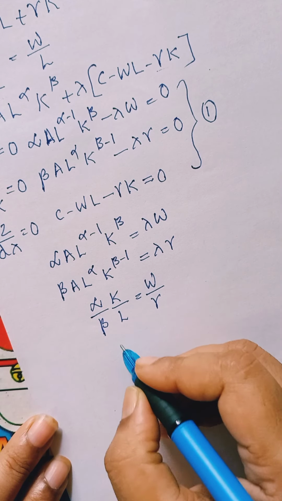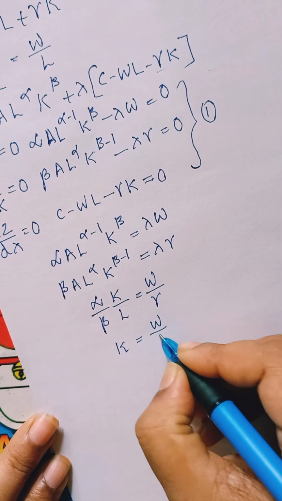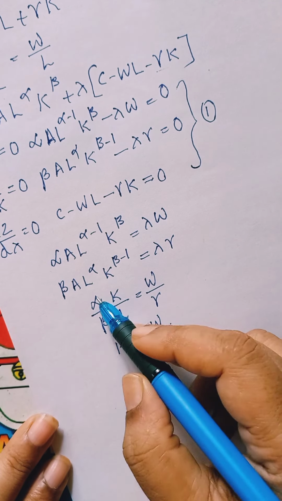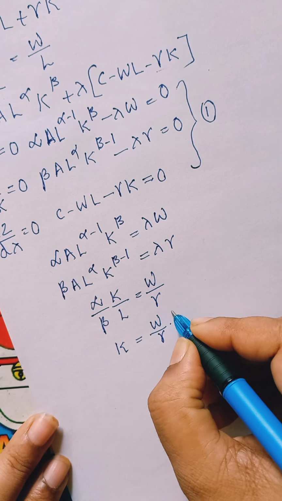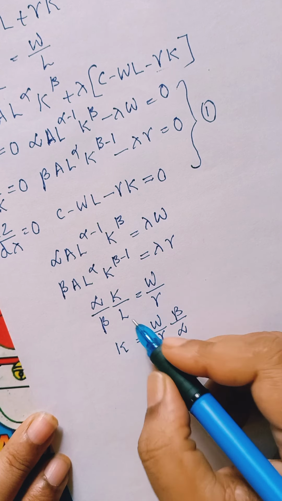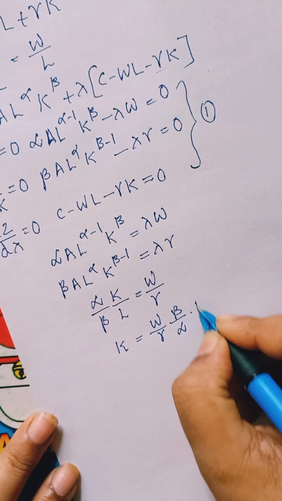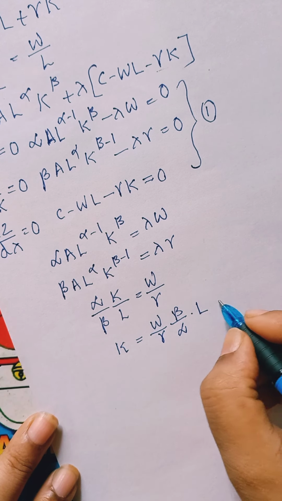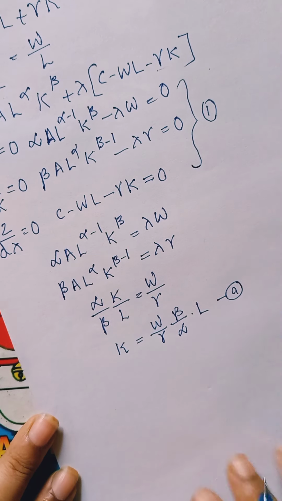Then solve this equation for K, we will get w by r, then this alpha by beta will reach the other side, it will become the reciprocal, that is beta by alpha. Then L will reach this side by multiplying into L, and this is the equation of capital, and we call it equation A.